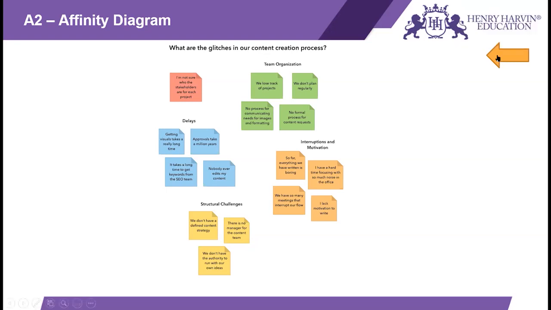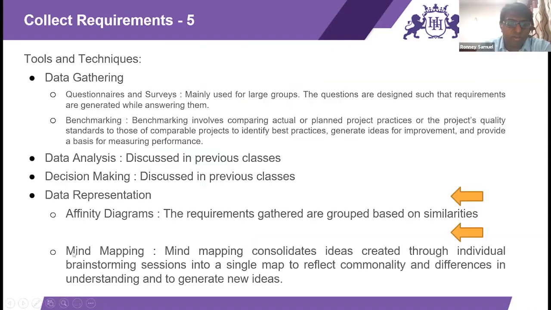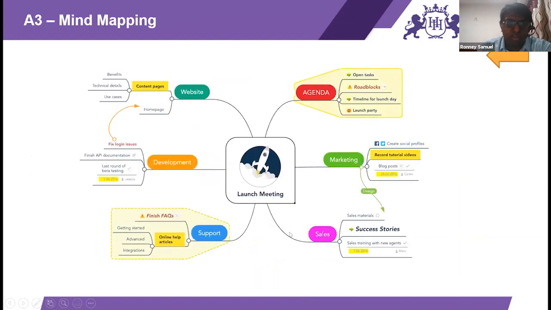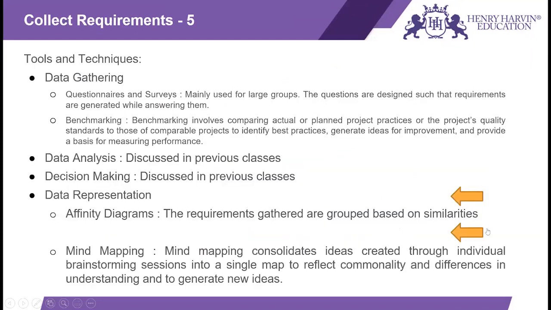Yes, Ronnie. Okay, because there are many tools and techniques which work across the knowledge areas. There is mind mapping, which we had again studied in quality. It says that whatever comes to your mind, you are able to map it on pencil and paper. I had given you one example. This is another example. Ronnie, can you please spend some more time on mind mapping again if it's okay?